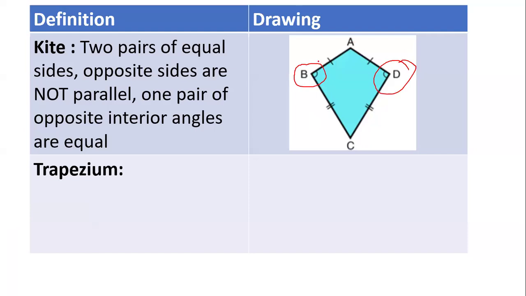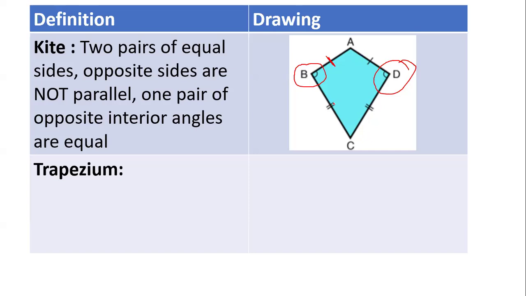As you can see, it says two pairs of equal sides. So this side is equal to what side? D. This one?